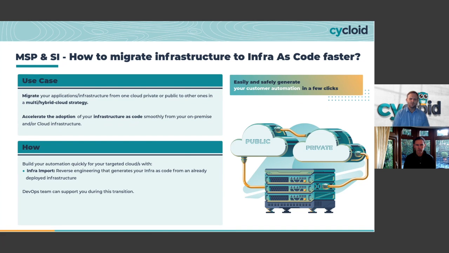The next one is about migrating to Infra-as-Code. Imagine as an MSP or SI that you have a new customer, and this customer has a lot of production virtual machines, for example, on a public cloud or private cloud, and has not yet done the step towards Infra-as-Code. That's why he's asking you to bring DevOps at scale and to help do this migration at scale. For that, you need a module that is going to generate the automation for you.